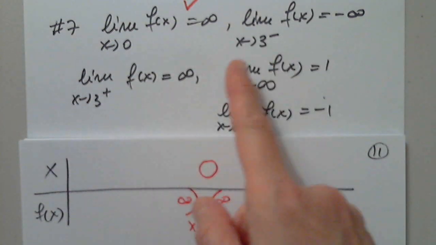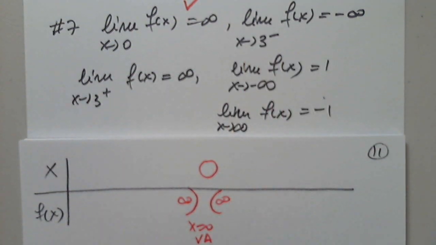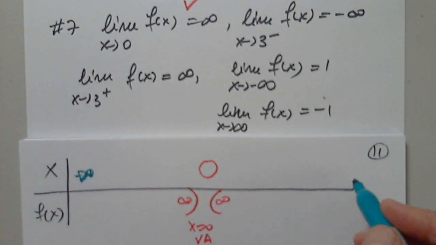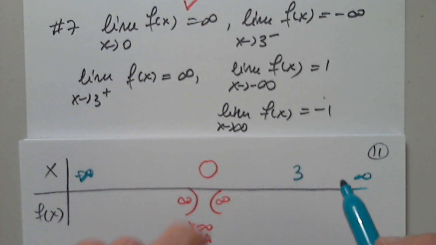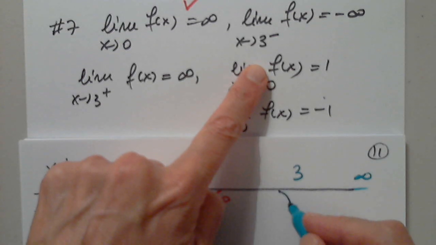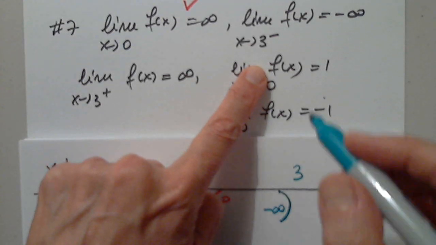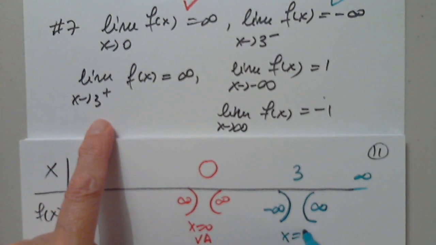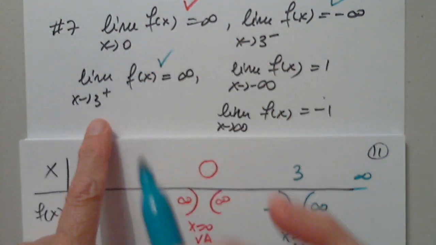Then I see something at 3. Okay, fine. At 3 from the left is negative infinity. At 3 from the right is positive infinity. So x equals 3 appears to be a VA as well.